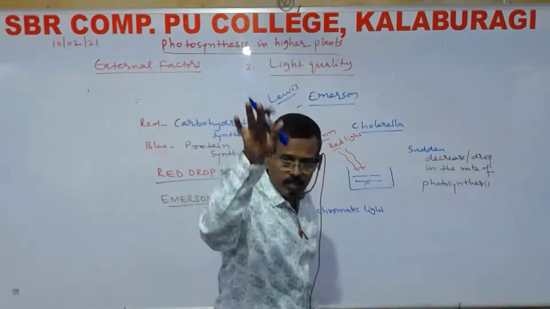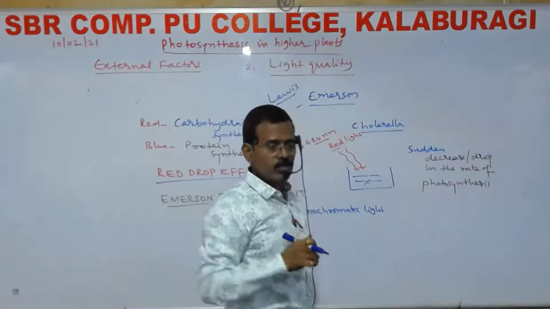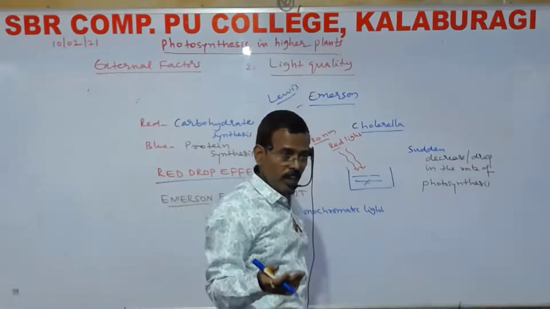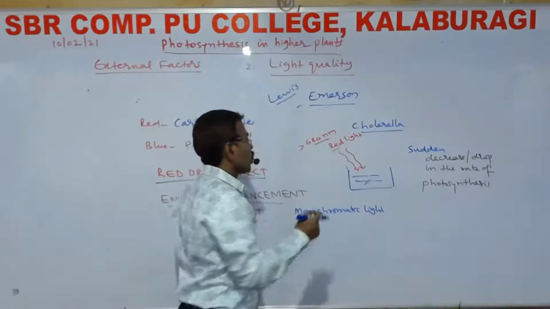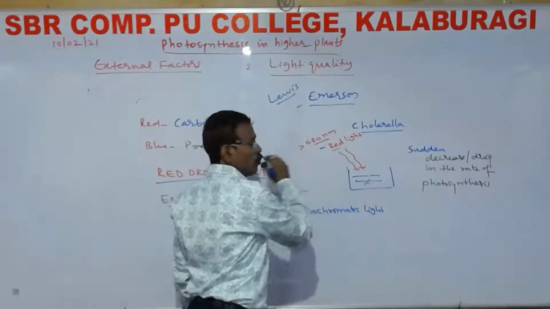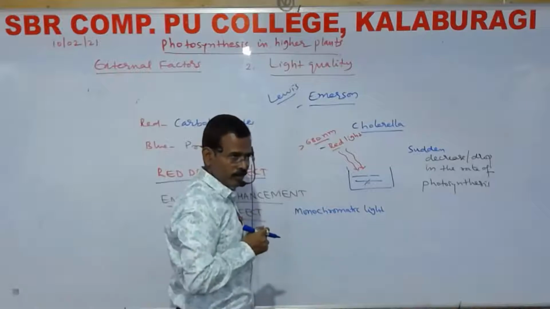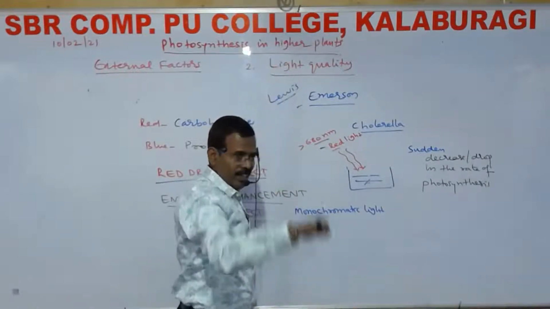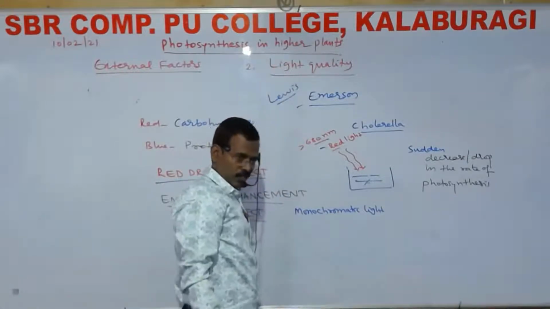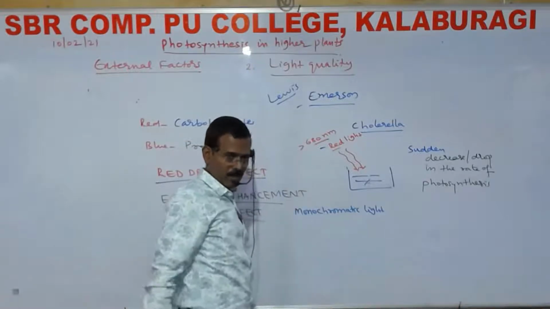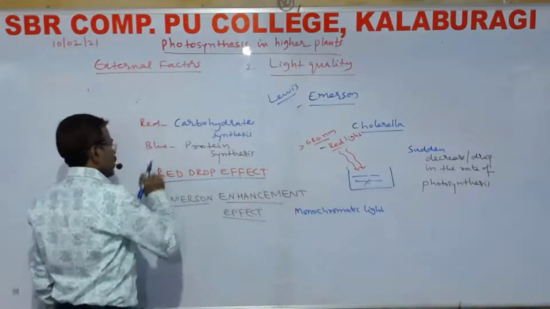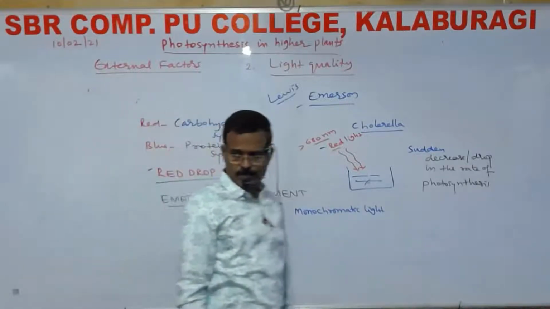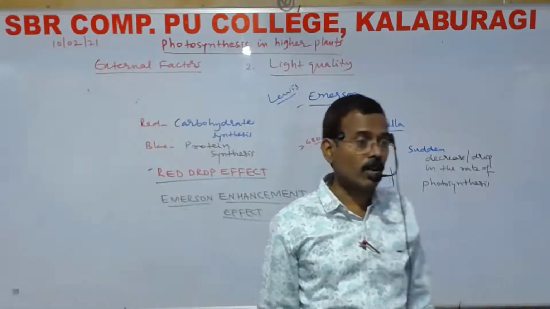A sudden decrease in the rate of photosynthesis in a plant when it was exposed to single or monochromatic red light of more than 680 nanometer, as observed by Emerson and Lewis. They called it a red drum effect.